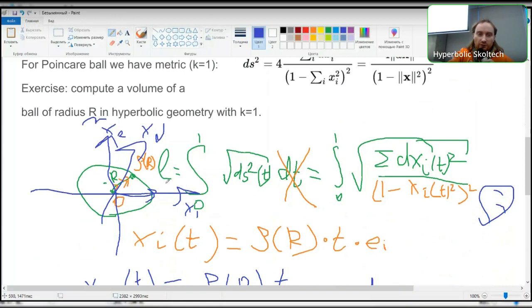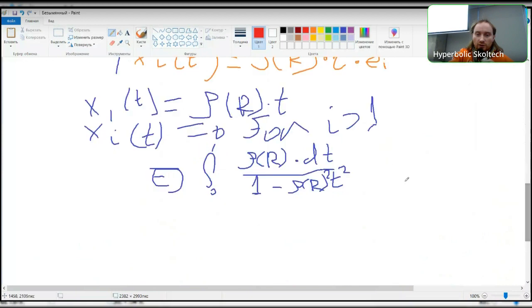So L equals r, and this equals r. And hopefully you all know how to integrate this thing.